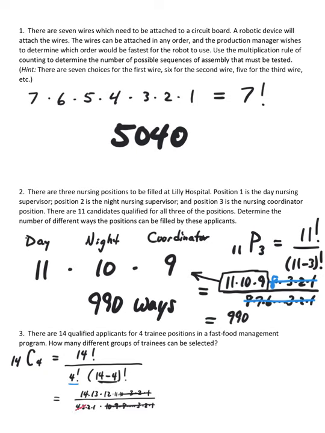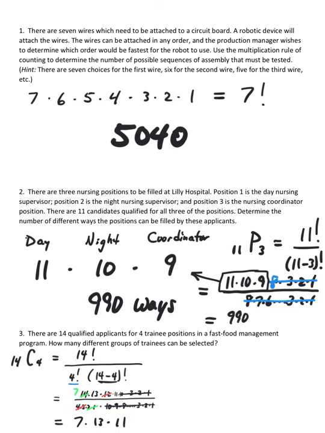Four times 3 will cancel that 12, and 2 times 1 will at least reduce that to a 7, leaving us 7 times 13 times 11.